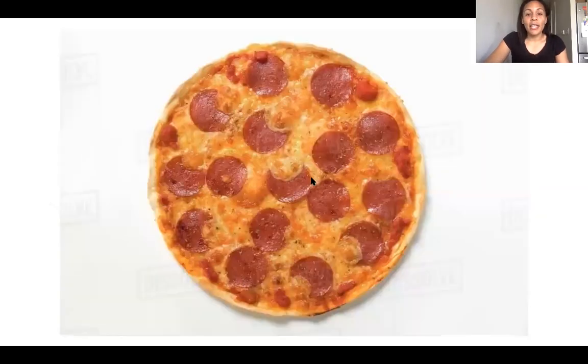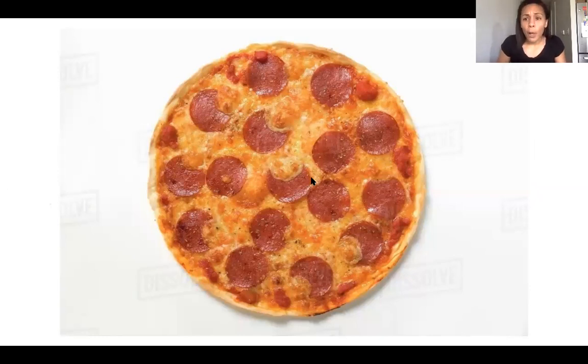Let's do it. So I have a pizza here, and I'm sure I'm not the only one who loves pizza. So this pizza has cheese, it has sauce, and this one even has some pepperoni. So I have a friend that wants to share this pizza with me.